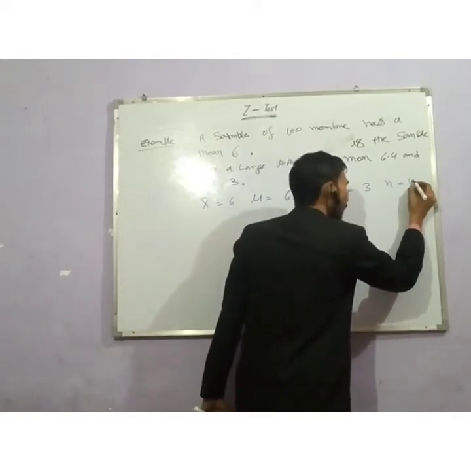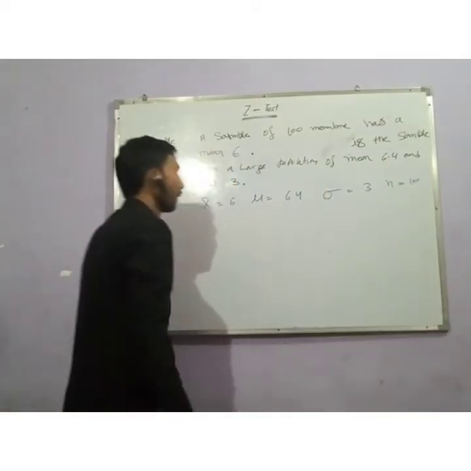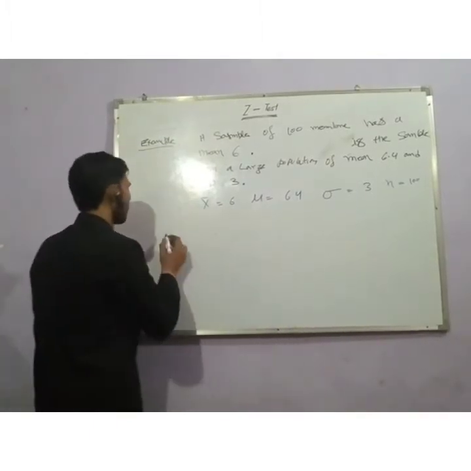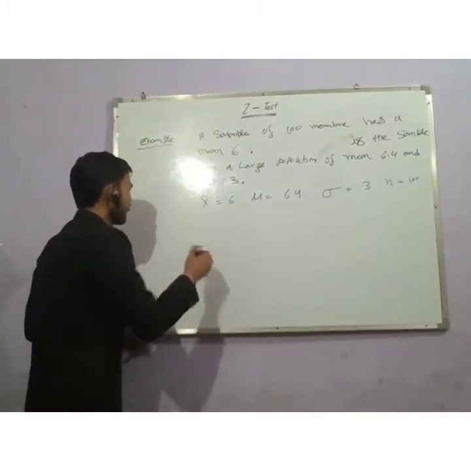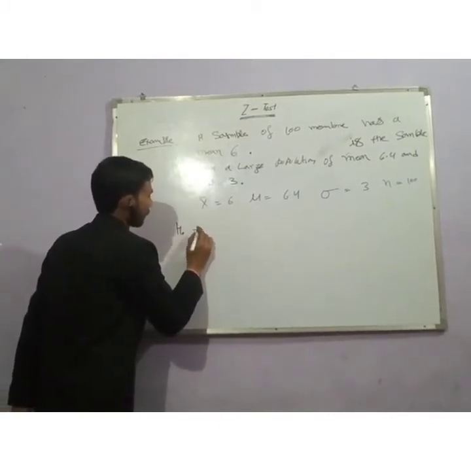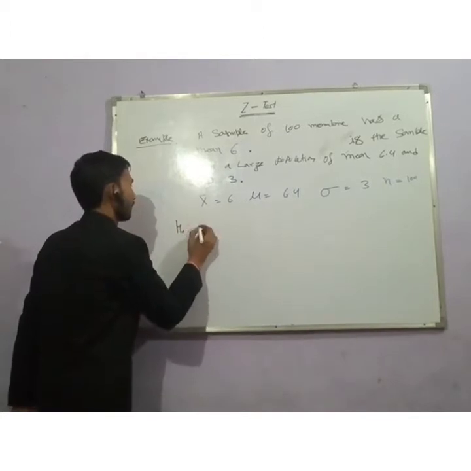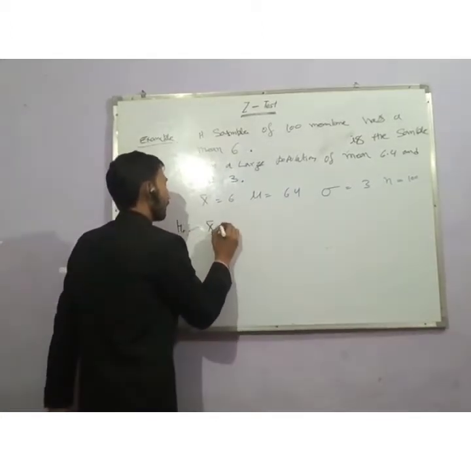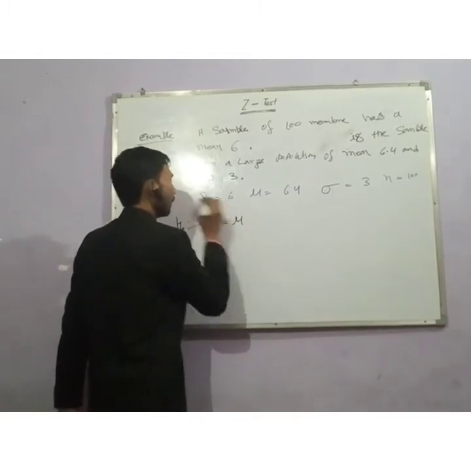Now first we set up the null hypothesis. Null hypothesis H naught: x bar equals mu.